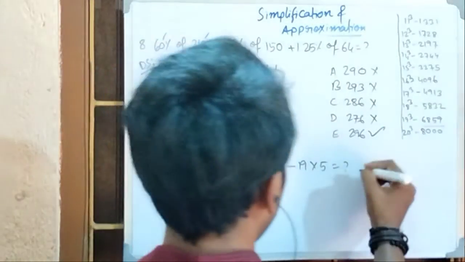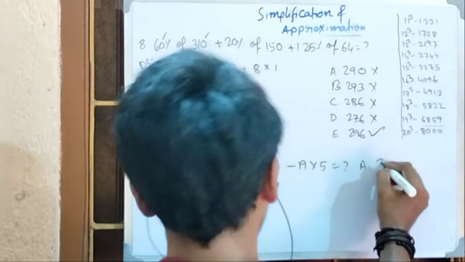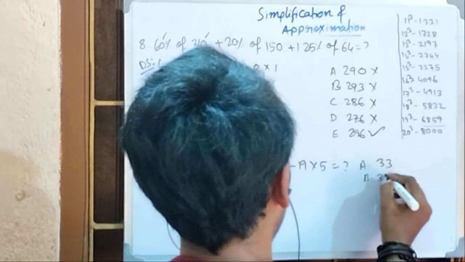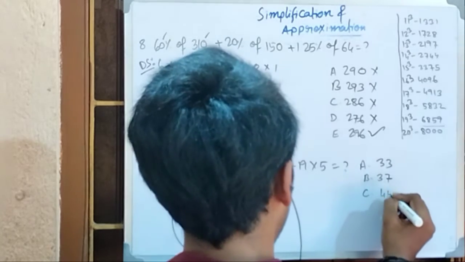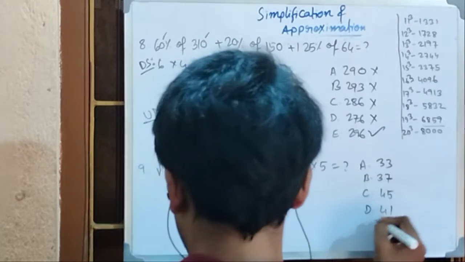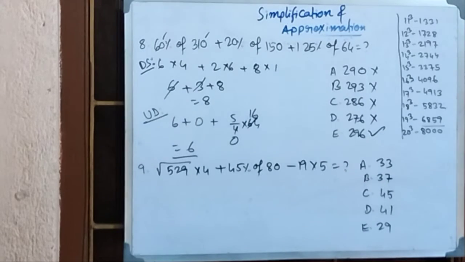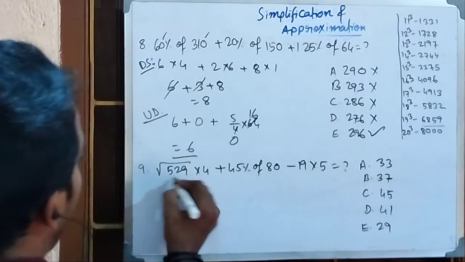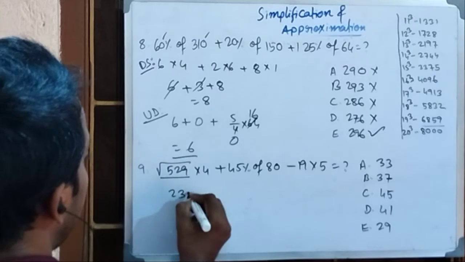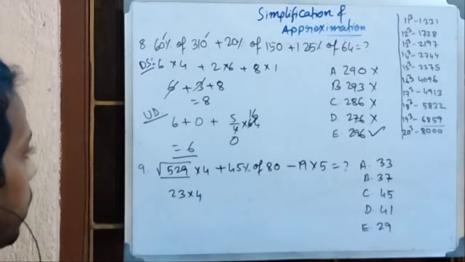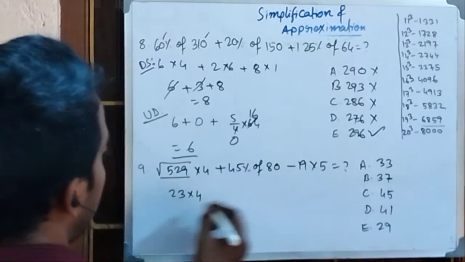Try to use it. Okay, see and try to give me the answer quickly. Okay. 529 square root is 23. I hope by this time you are remembering this stuff.